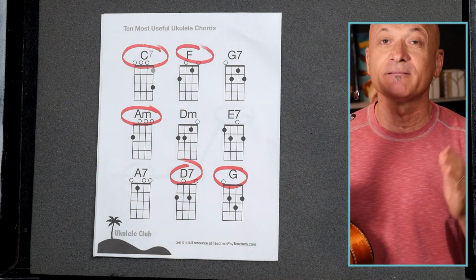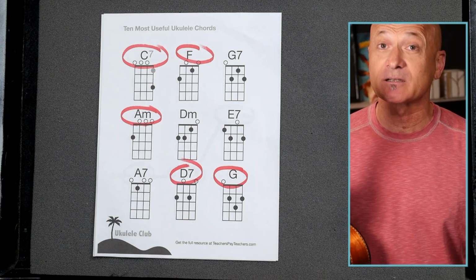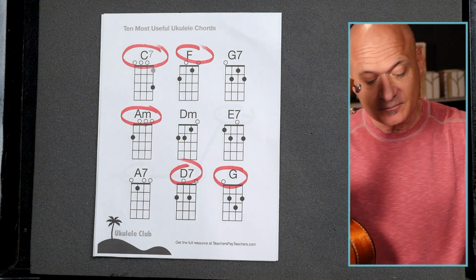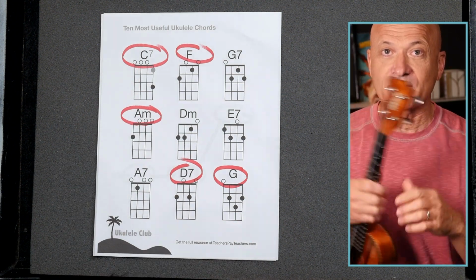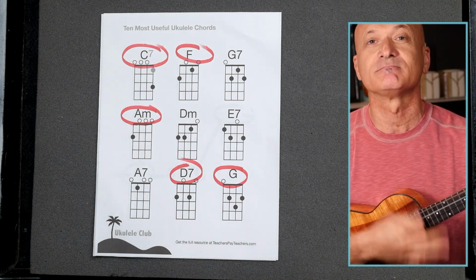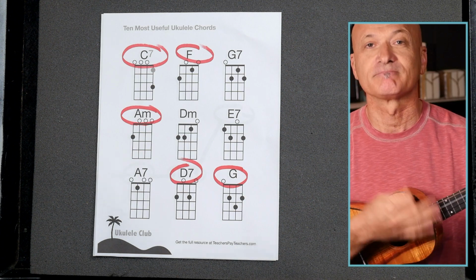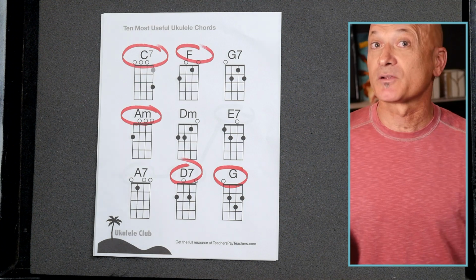That would be the 1, 5, 6, 4, and there are variations of that, but that's basically the pop chord progression. And since we have C and D7, we've also now got 1, 4, 5 in the key of G. So we've got another key.